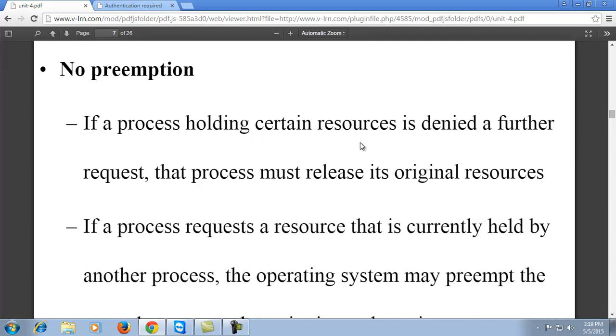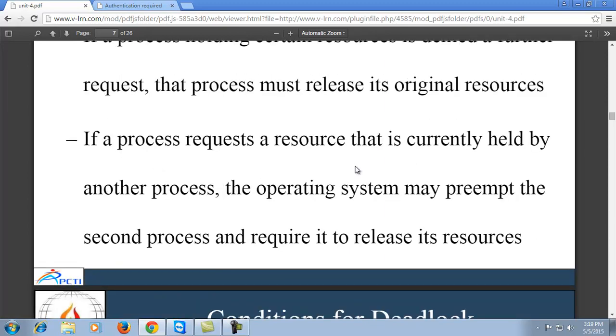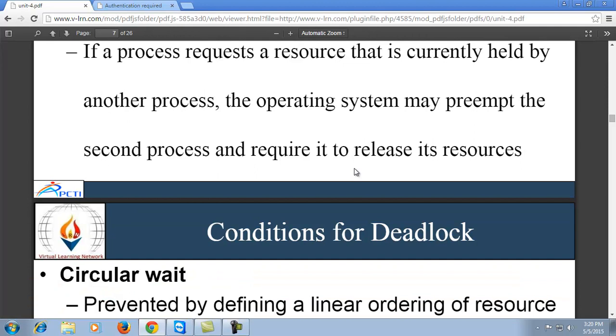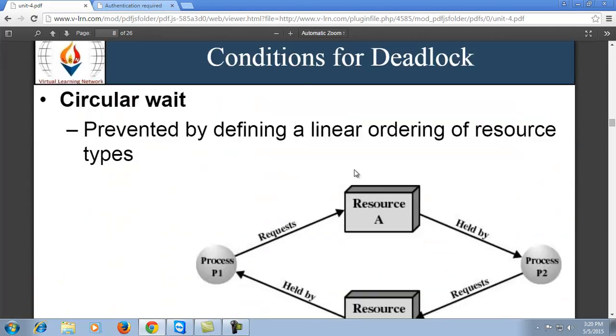If a process requests a resource that is currently held by another process, the operating system may preempt the second process and require it to release its resource. The next condition is circular wait, prevented by defining a linear ordering of resource types.